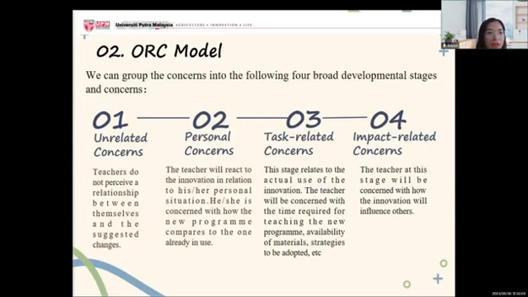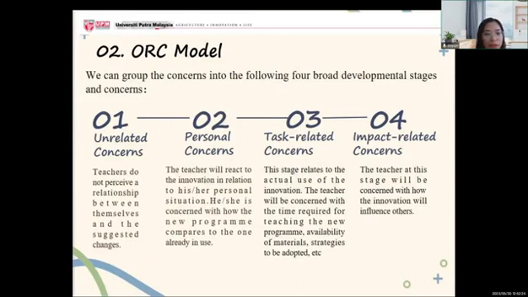This model emphasizes that if we would like to implement change, we must resolve people's apprehensions and doubts. We can group the concerns into the following 4 stages. Number 1, unrelated concerns.